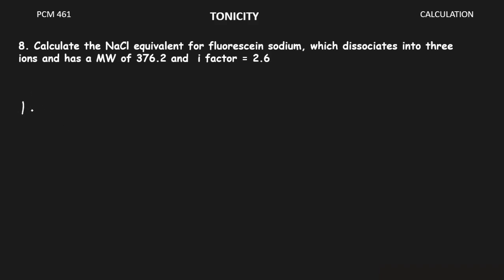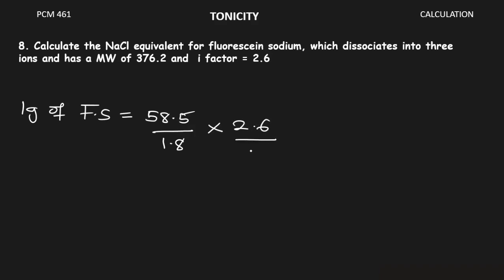So you can say 1 gram of fluorescein sodium is equal to, we already know the formula, molecular weight of sodium chloride, which is 58.5, times the factor of sodium chloride, 1.8, divided by, in this case, 2.6 times 376.2.